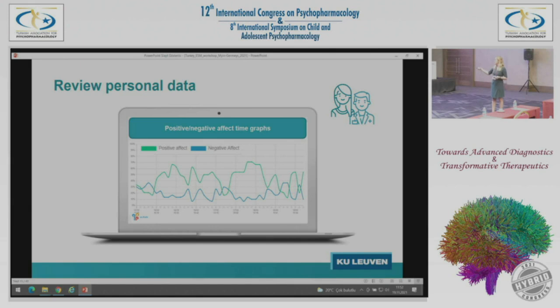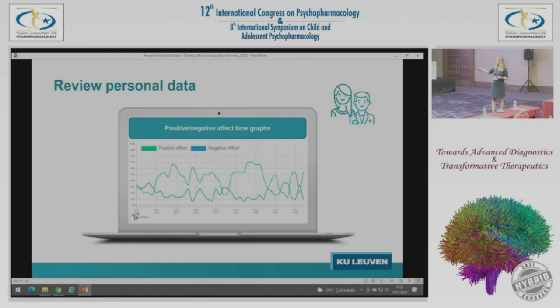So for example, here, this is positive affect, which is a combination of positive feelings. Things such as I feel relaxed, I feel happy, I feel well. And negative affect, which is a combination of negative feelings. I feel anxious, I feel insecure, I feel down, I feel lonely.